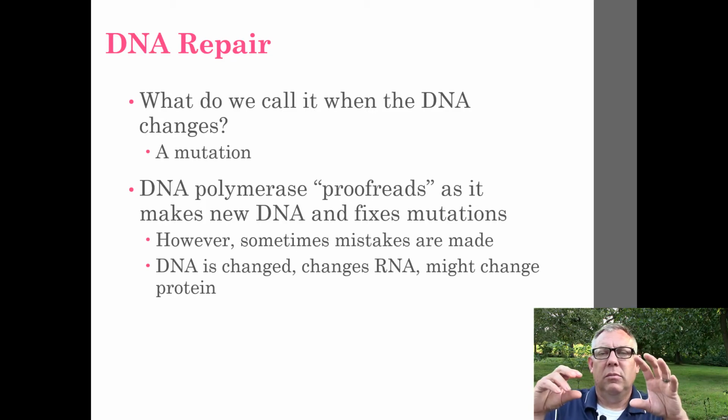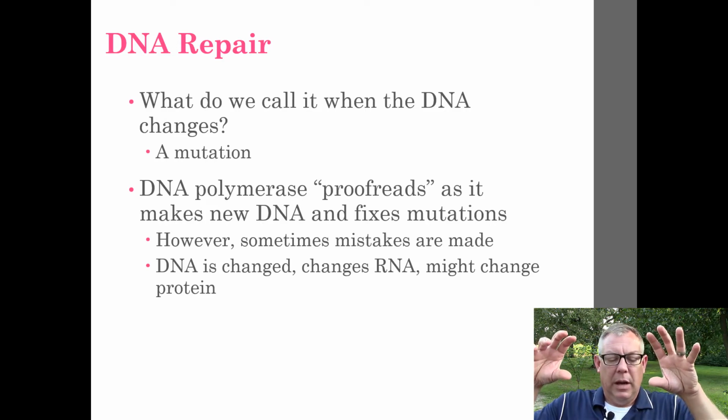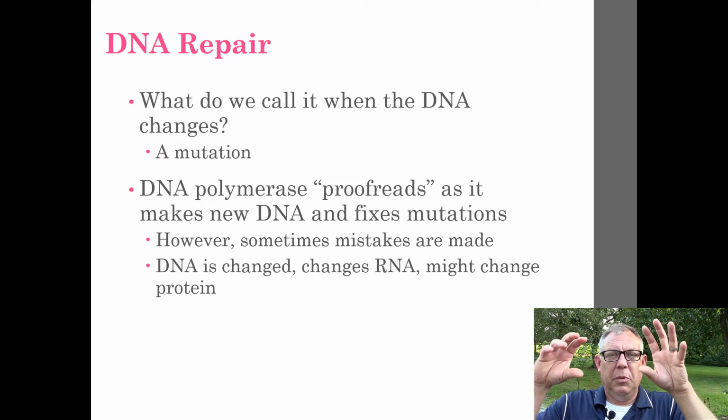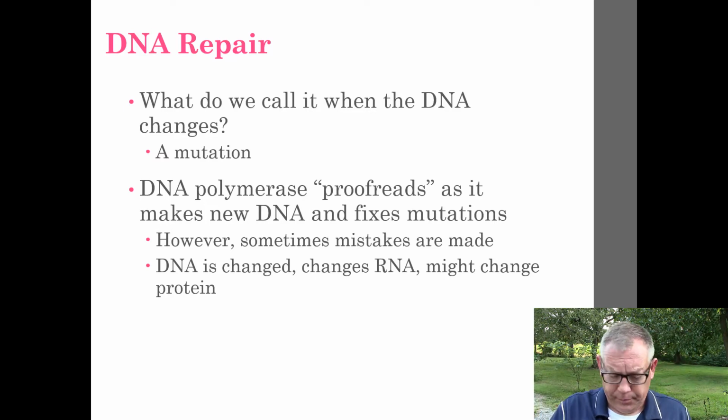And sometimes there's a mistake, or sometimes there's a mutation, but the polymerase catches it and fixes it. However, it's not perfect. And sometimes a mistake gets made and the DNA actually gets changed, and that's a mutation.